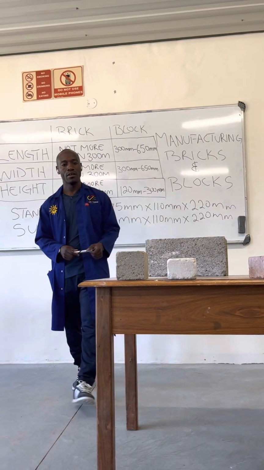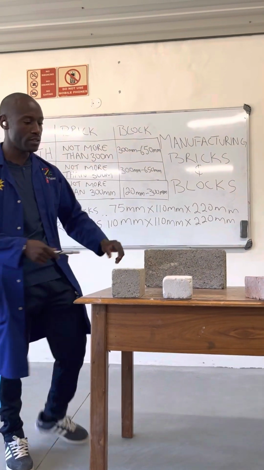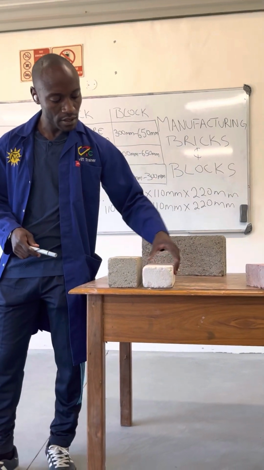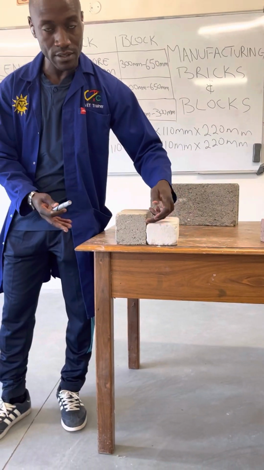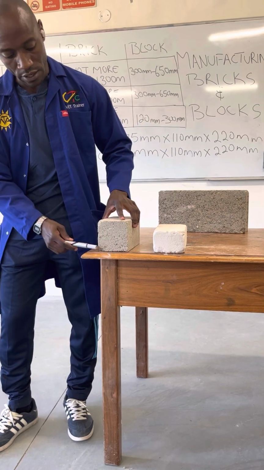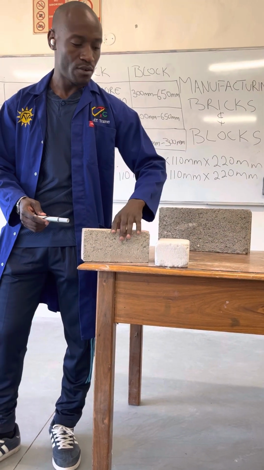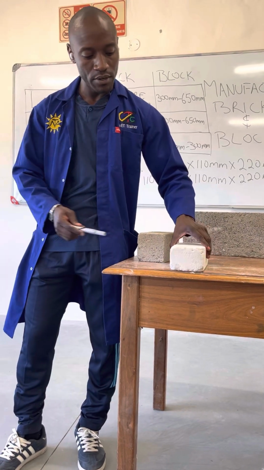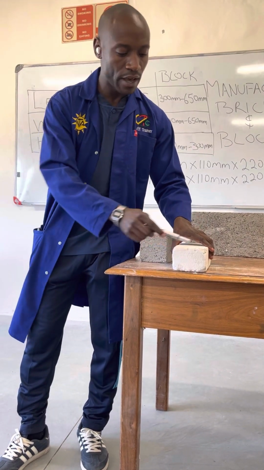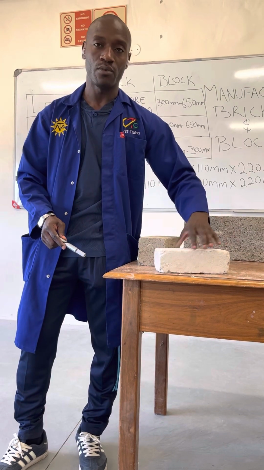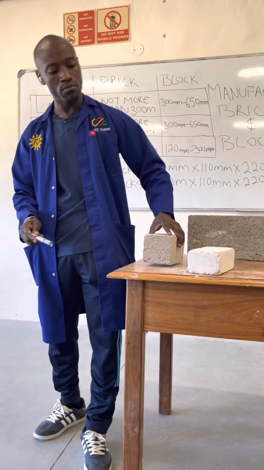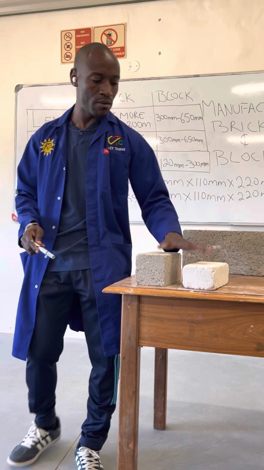Coming back to that same measurement, the difference between a super brick and a standard brick is just the height. A super brick is 110 by 110 by 220, while a standard brick is 75 by 110 by 220. These are the two most common bricks used in Namibia.